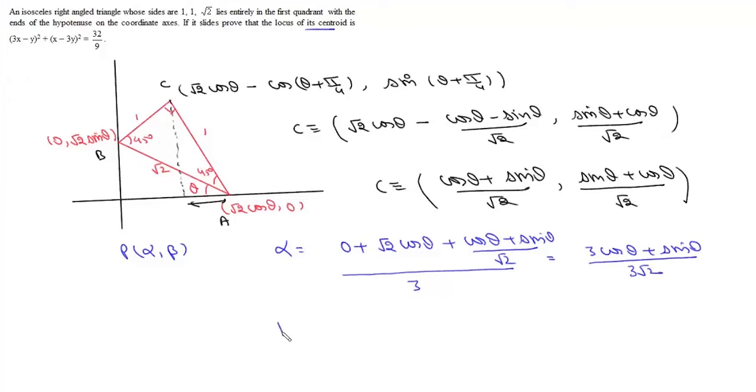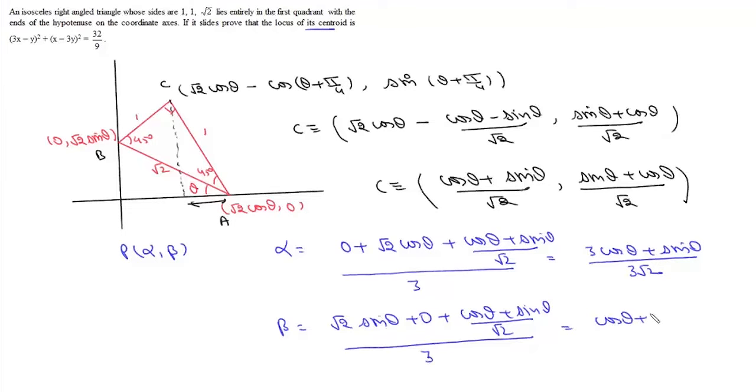In the same way, we can write beta, and that will be root 2 sin theta plus 0 plus (cos theta plus sin theta by root 2) whole divided by 3, and that is cos theta plus 3 sin theta upon 3 root 2.